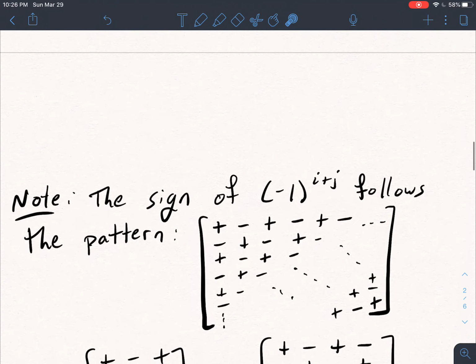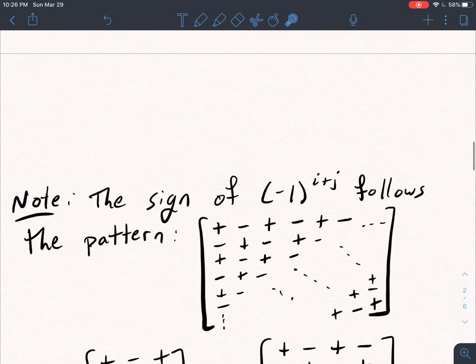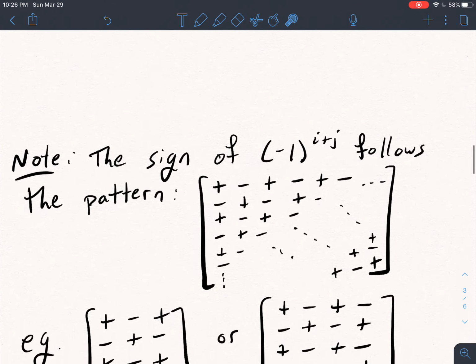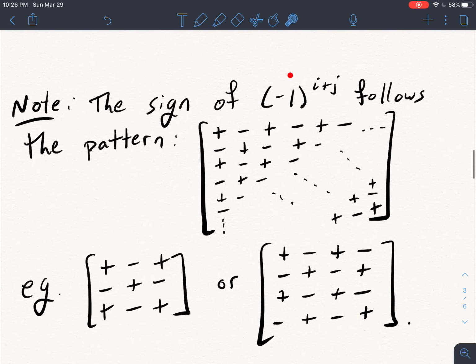Something to note, and that'll hopefully make your lives a lot easier: the sign of negative 1 to the i plus j, which is just the thing you have to multiply your determinant by in your cofactor, follows the same pattern shown in this matrix right here.